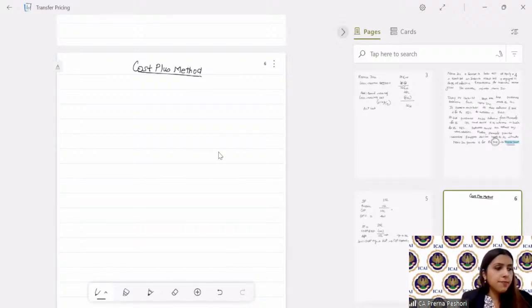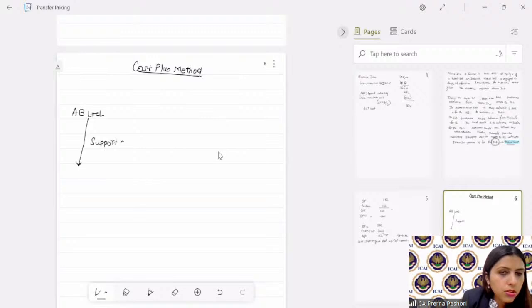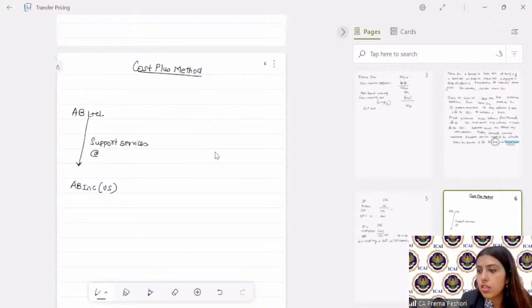Let's try and understand. Say for example, AB Limited is providing support services to its parent company AB Inc. US, say at the rate of rupees 25 per hour.